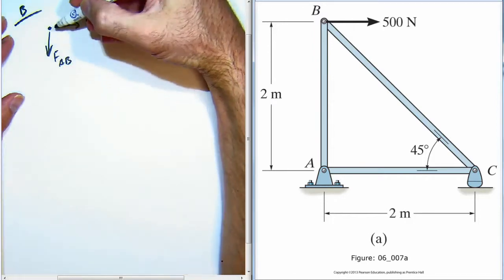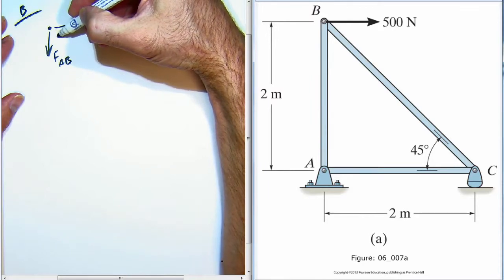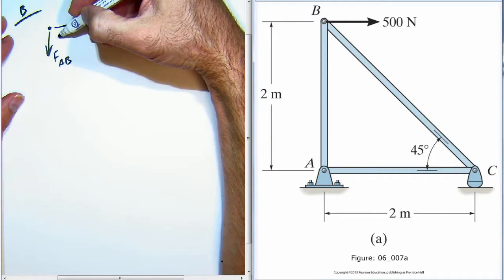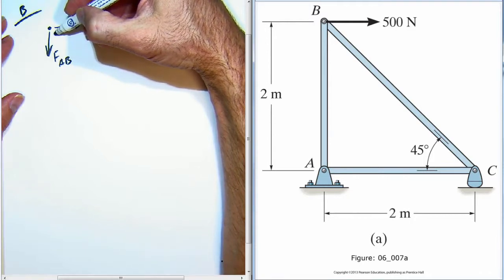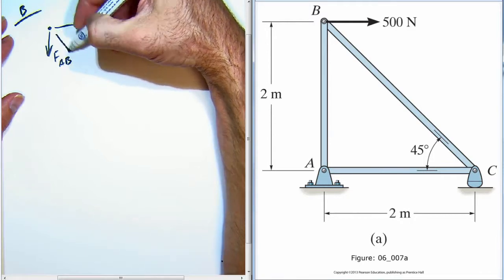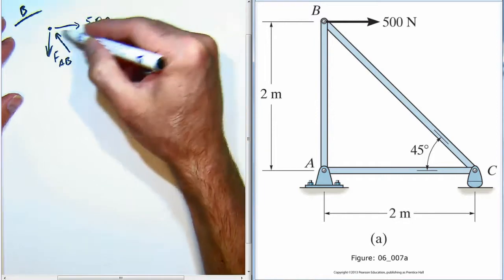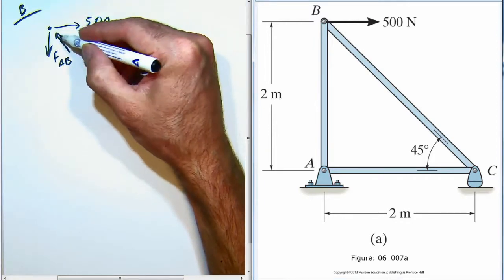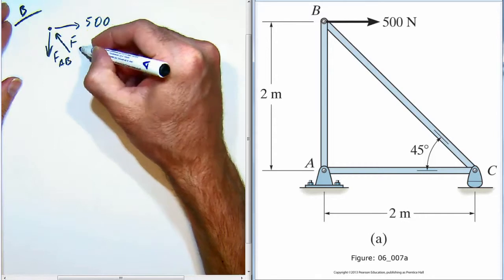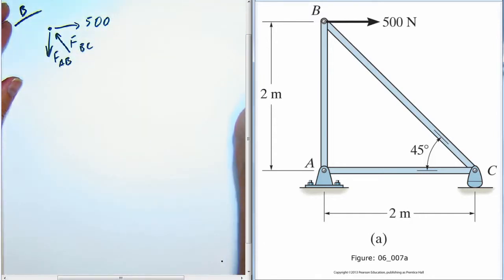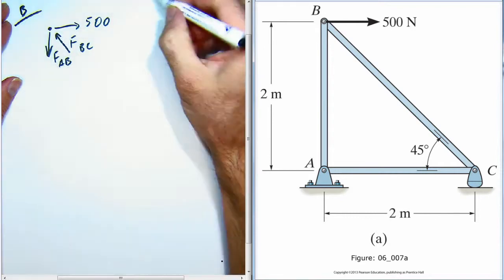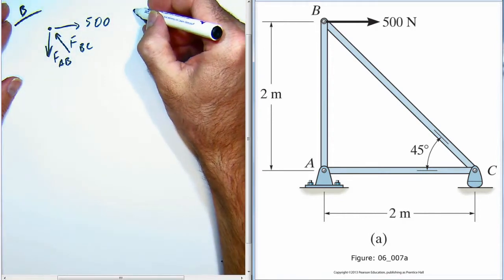And then we have FBC. Although just looking at it, you can either assume it's in tension, or you can make an educated guess as to whether it's in tension or compression. So looking at it, in order to have a force balance in the x direction, this member will have to be in compression. So that's FBC. Right, so equations of equilibrium.